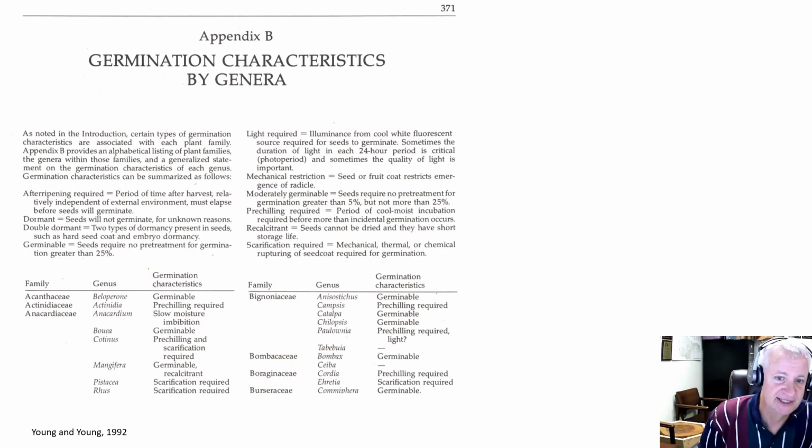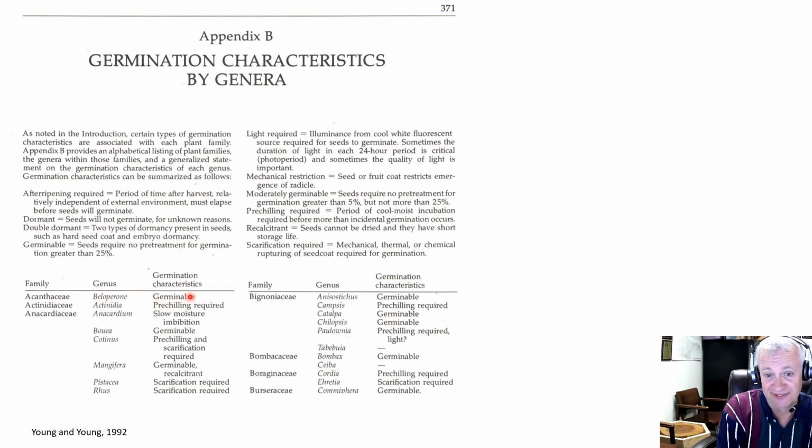So for instance, here's a table that shows germination characteristics of different genera. So for instance, it shows this particular genus, Bellaperoni, in the Acanthaceae, is germinable.